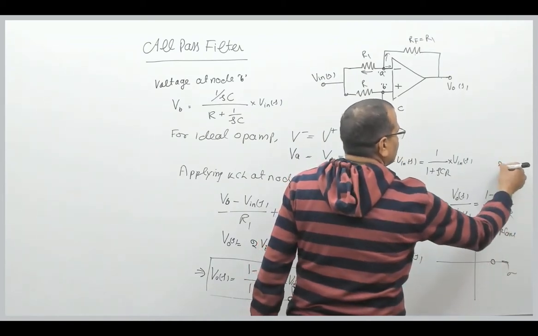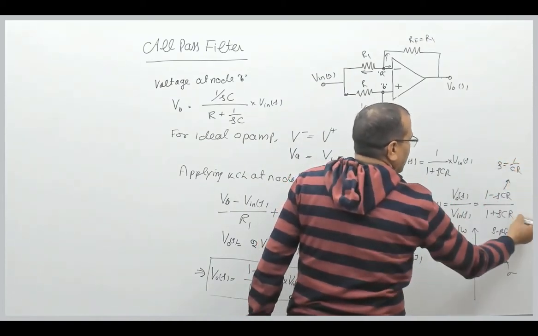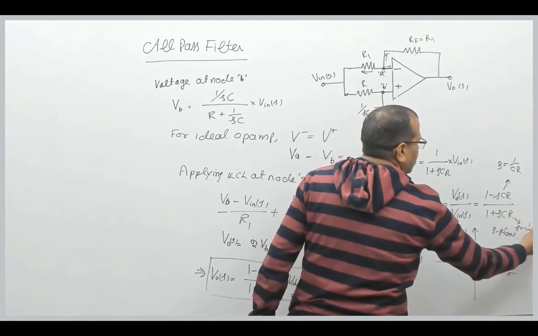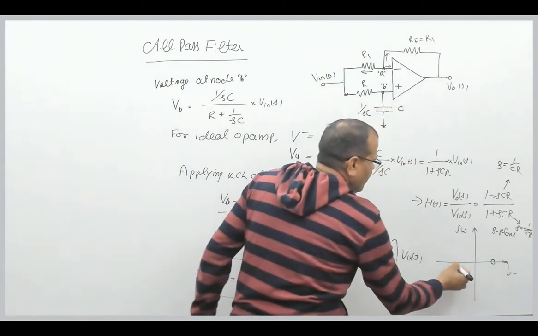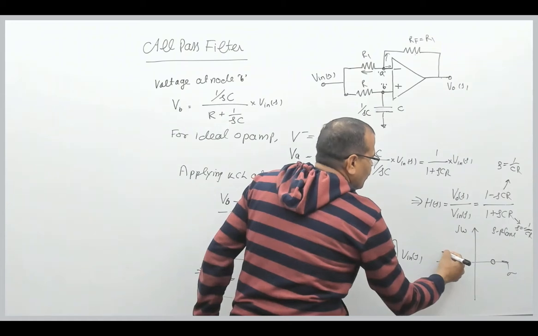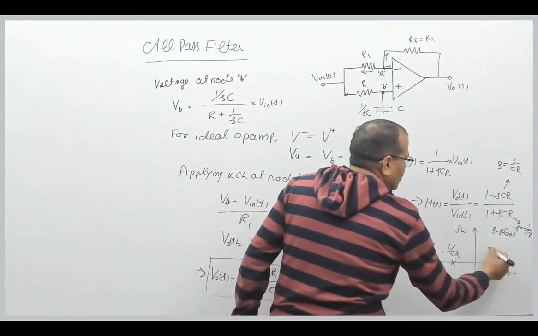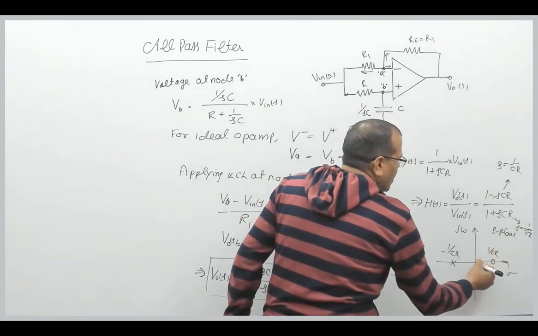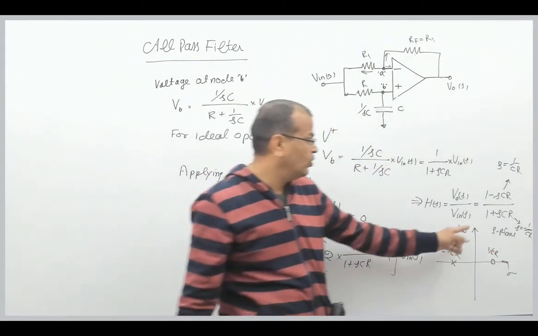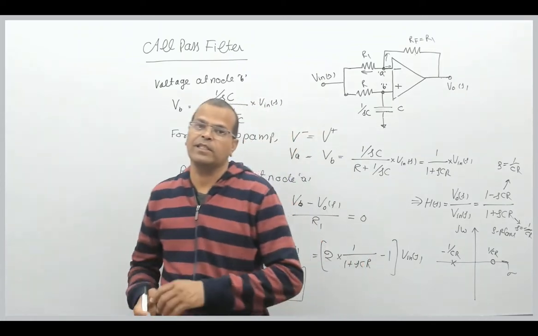So this gives S equal to 1 by CR, and this gives S equal to minus 1 by CR. This gives the zero, located on the real axis. So I have a pole located on the left hand side and a zero located on the right hand side, but both are symmetrically located about the j omega axis.